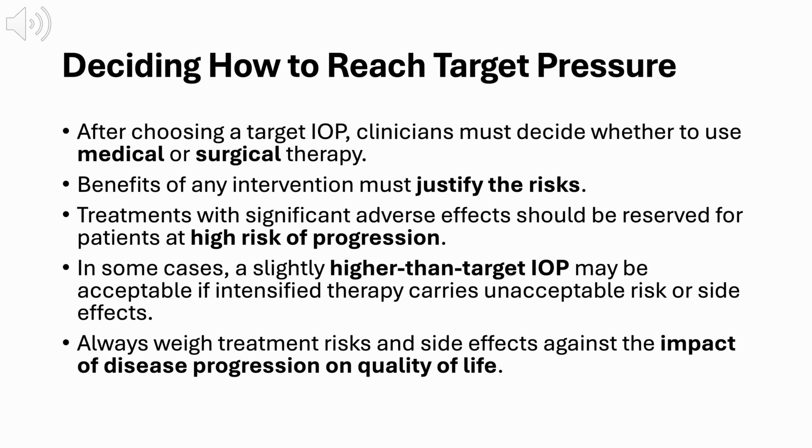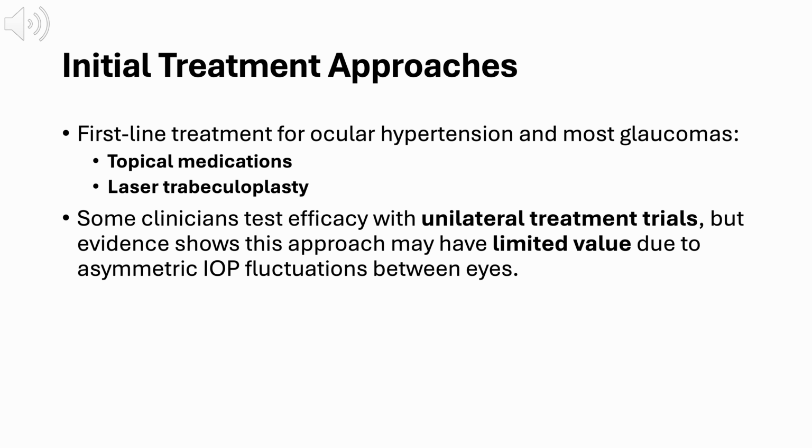Ultimately, glaucoma management is a constant balance, weighing the risk of treatment against the threat of disease progression and its effect on the patient's quality of life. Once the target pressure has been set and the risks and benefits considered, the next step is selecting the appropriate initial therapy.